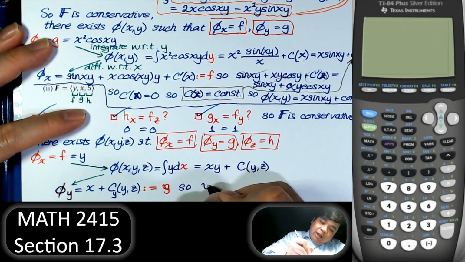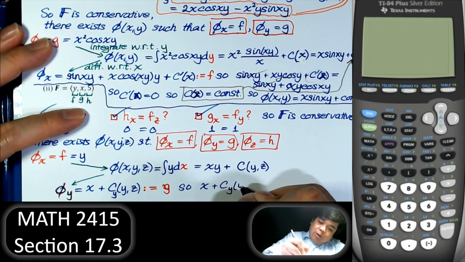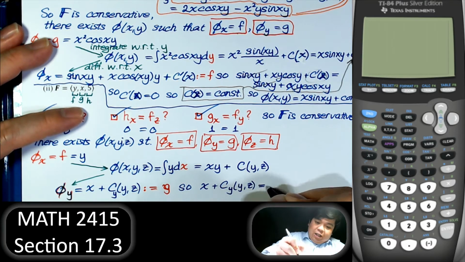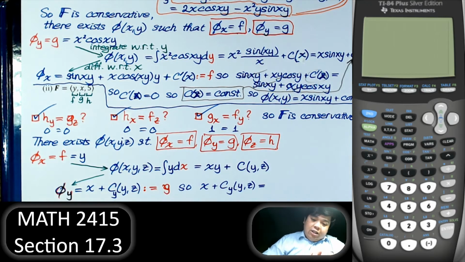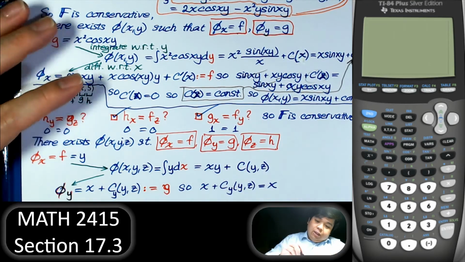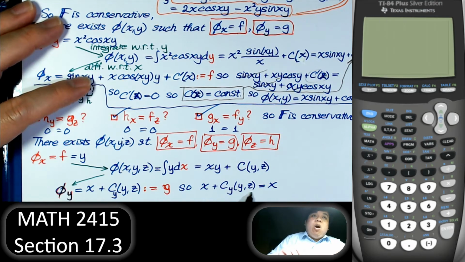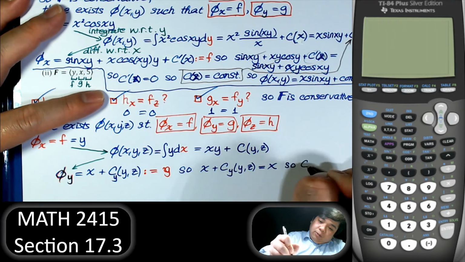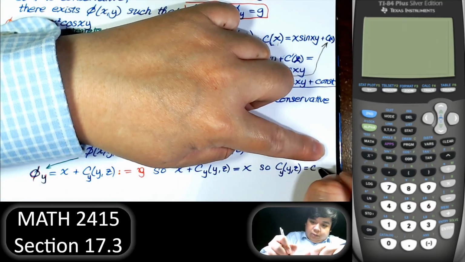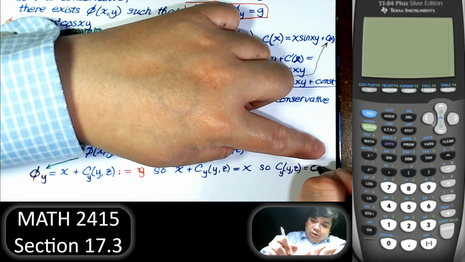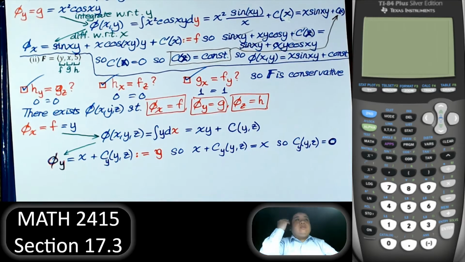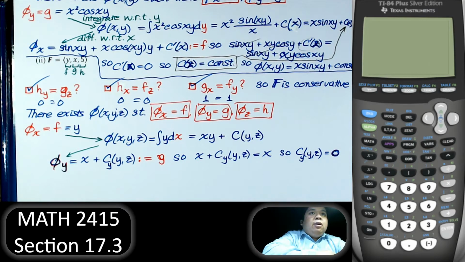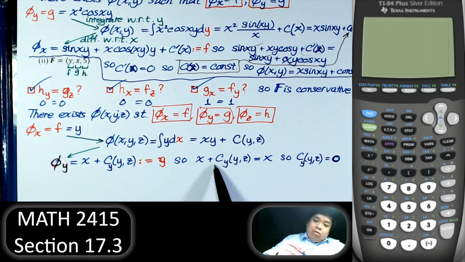So we have x plus the partial derivative of c of yz with respect to y, equal to g, which is just x. So x and x cancel out, so the derivative of c of yz with respect to y has to be 0.